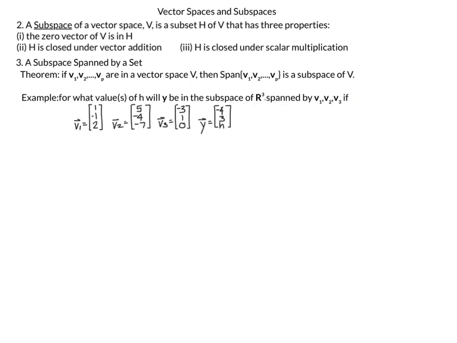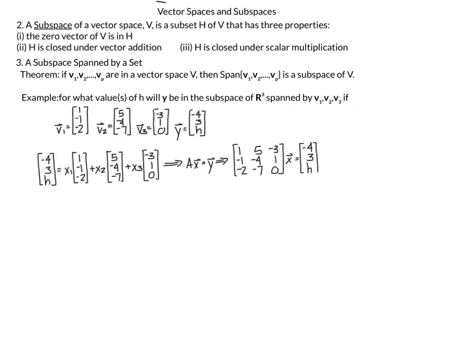Our next example: for what values of h, because we have an h over here, will y be in the subspace of R3 spanned by the vectors v1, v2, v3? Another way of writing this: I have y, and I want it to be a linear combination of my vectors v1, v2, and v3.